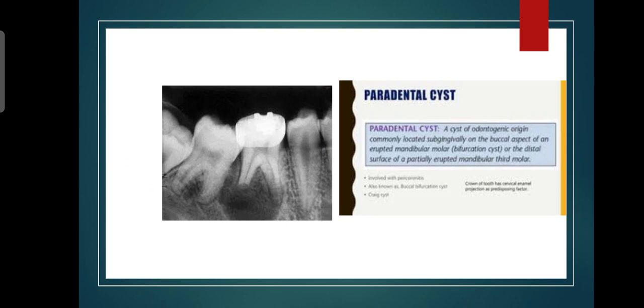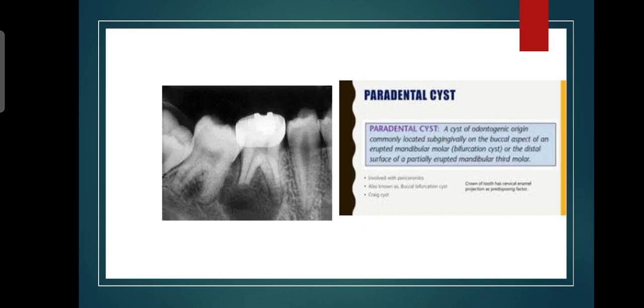Paradental cyst is a cyst of odontogenic origin, commonly located subgingivally on the buccal aspect of an erupted mandibular molar, bifurcation cyst, or the distal surface of a partially erupted mandibular third molar. So it is of odontogenic origin.